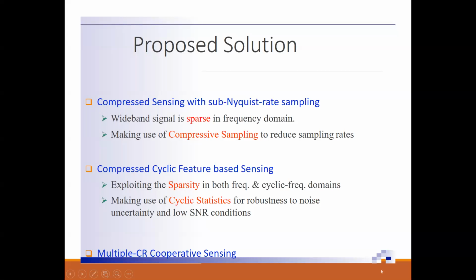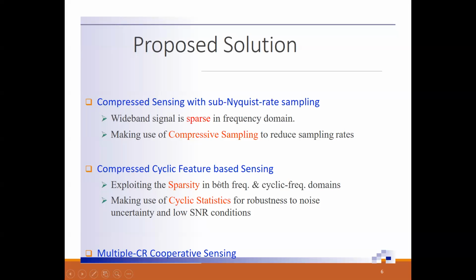Now, based on all these problems, people have started to think. Definitely we cannot go for the fixed band, but at the same time, I cannot simply go for the wideband because of all the challenges we have discussed. So I have to work in a kind of hybrid mode. To do that, let me take the wideband signal itself. But is there any mathematical framework that can help me do the sub-Nyquist sampling?